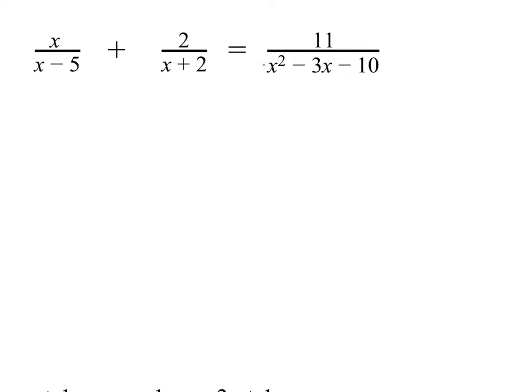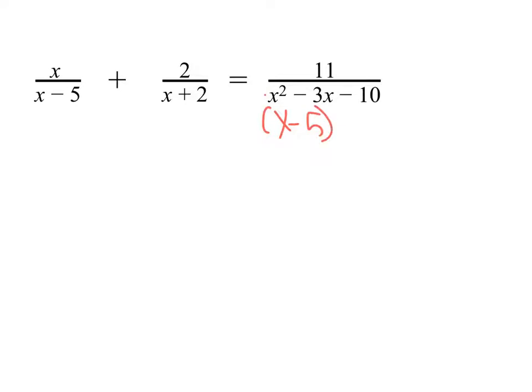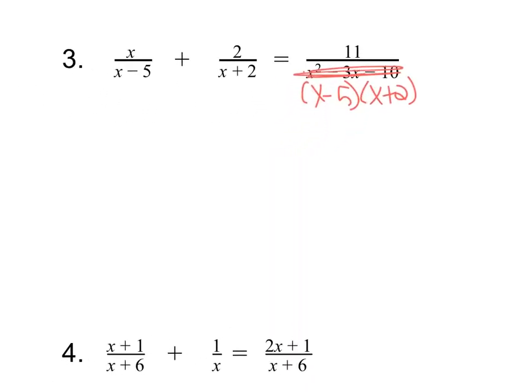So I'm going to rewrite this one as x minus 5, x plus 2. And if you notice, I have an x minus 5 and an x plus 2 over here. This one has an x minus 5, this one has an x plus 2.